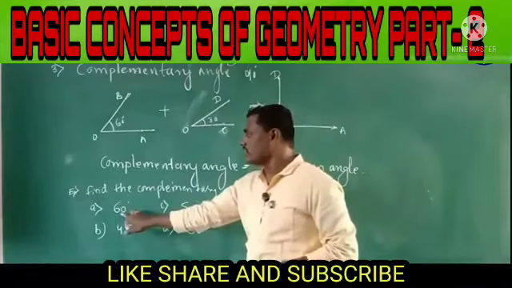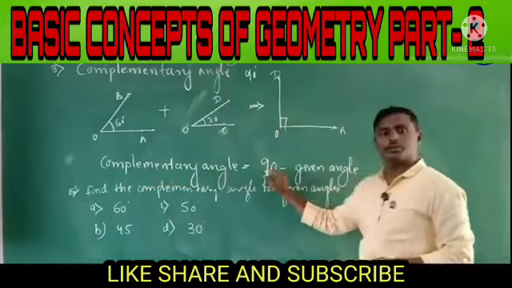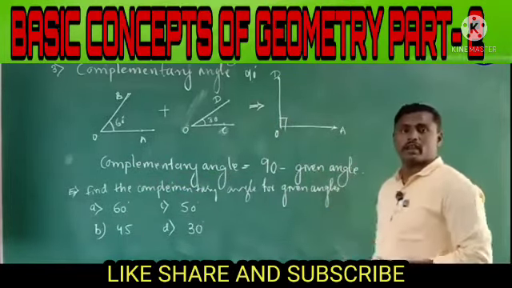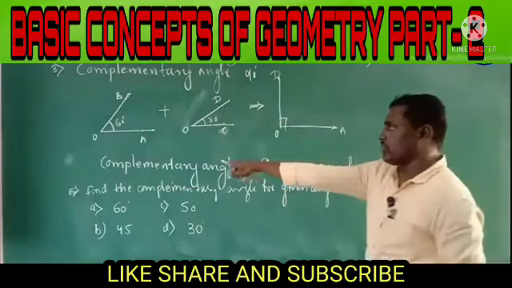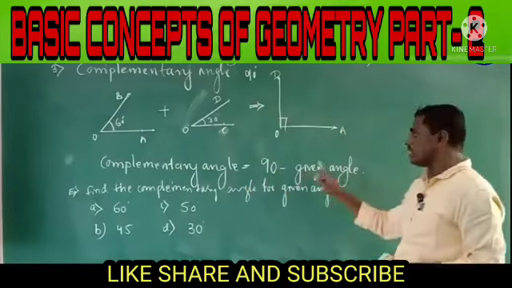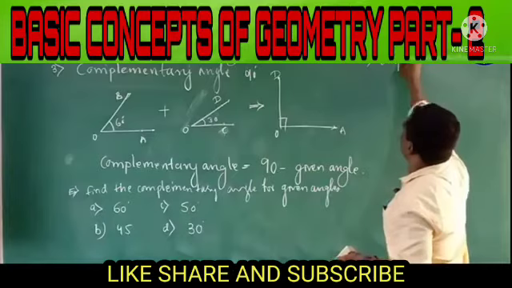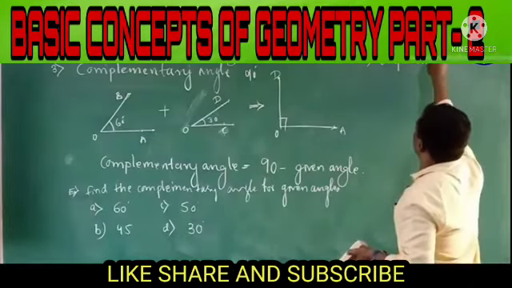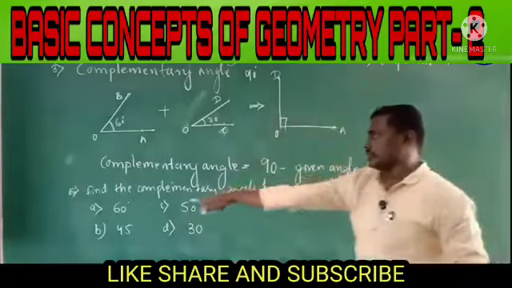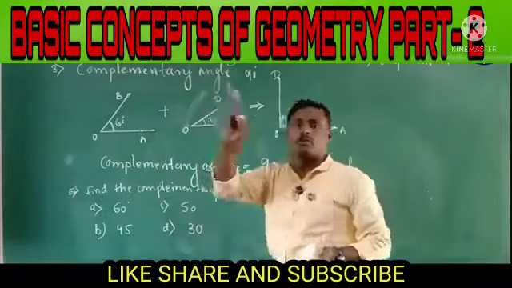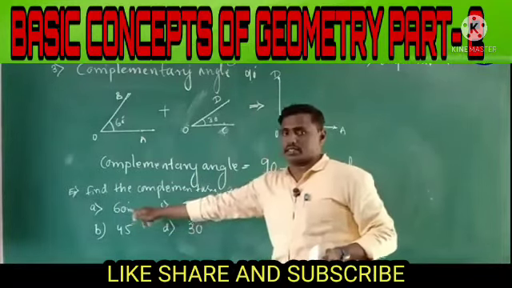First angle, what is the given angle? 60 degrees. By using this formula, complementary angle is equal to 90 minus given angle. So calculate directly: complement angle is equal to, for the first one, we are calculating the other complement angle for the given angle 60 degrees, right?